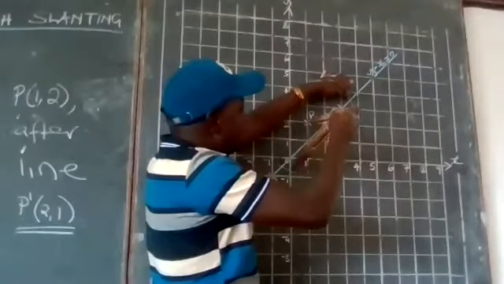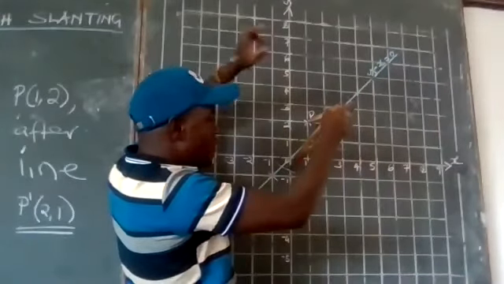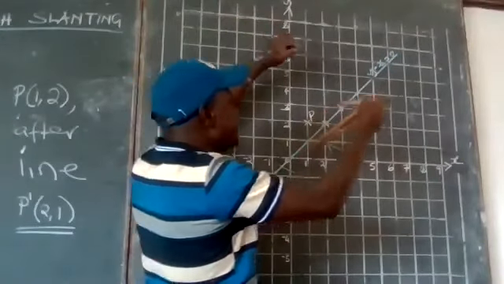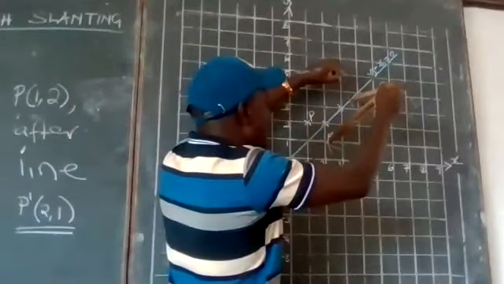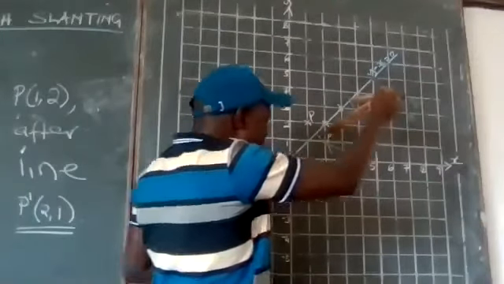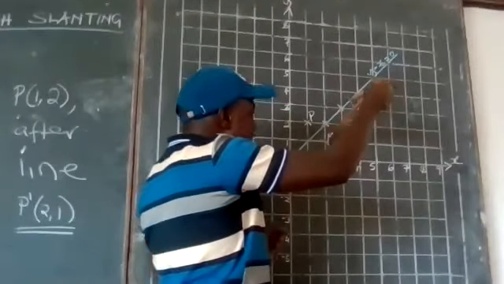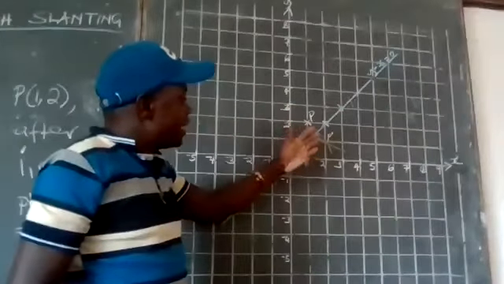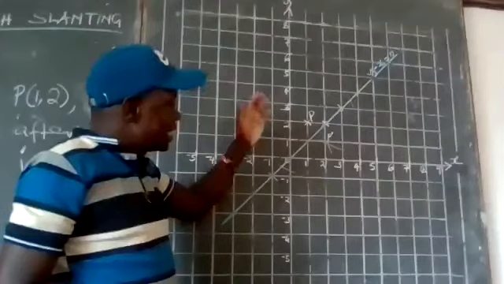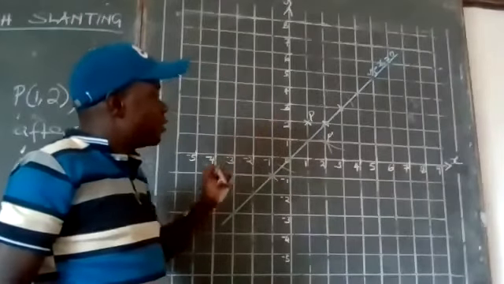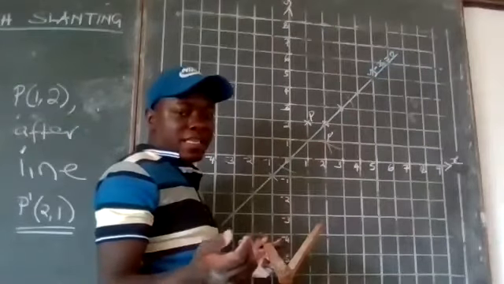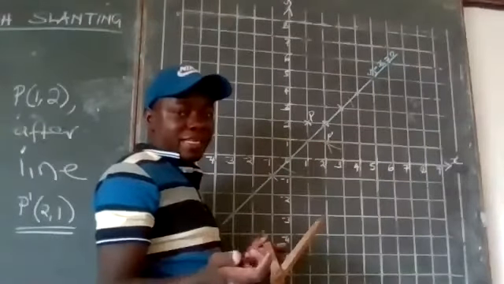Those are the 2 arcs that I make on the mirror line. After that, I stand on this arc and make an arc on the opposite side, because remember the image and the object must be on opposite sides of the mirror line. That's one of the properties of images formed by plane mirrors.